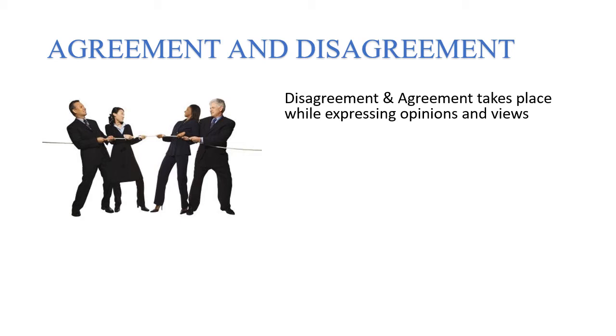Agreement and disagreement can take place while expressing your opinions and views. You must use appropriate words when responding to the viewpoint of others. Let's see some examples of the words or phrases you can use to signal the other person that you are expressing your viewpoint.